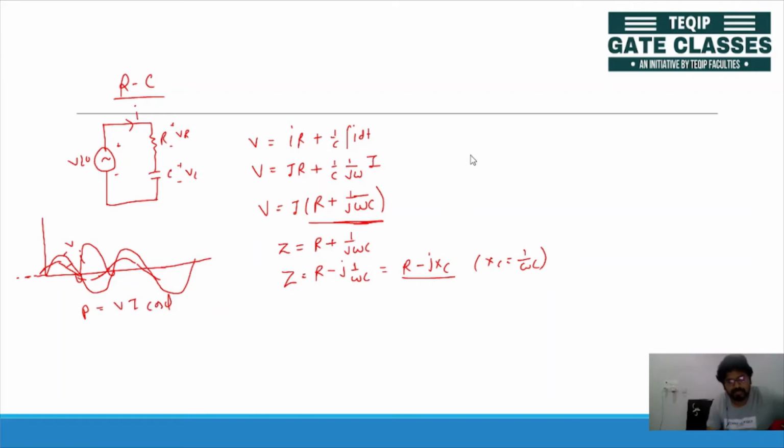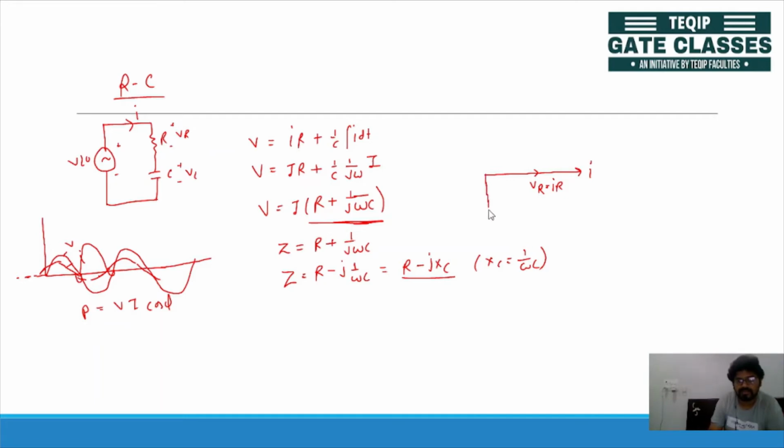And if we draw the phasor diagram here, let's say if we draw current here, that is I, so again the resistive drop will be in phase with this current, that is VR equal to I into R. Okay, and your capacitive drop, the voltage across capacitor, will lag the current because current is leading in a purely capacitive circuit.